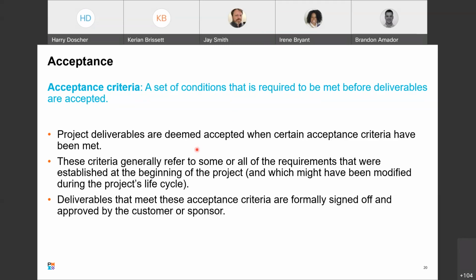And notice that acceptance criteria can be modified during the project's life cycle, as you learn more, if there are any changes made by the product owner or as a result of something that the development team has discovered. So it can be both ends.